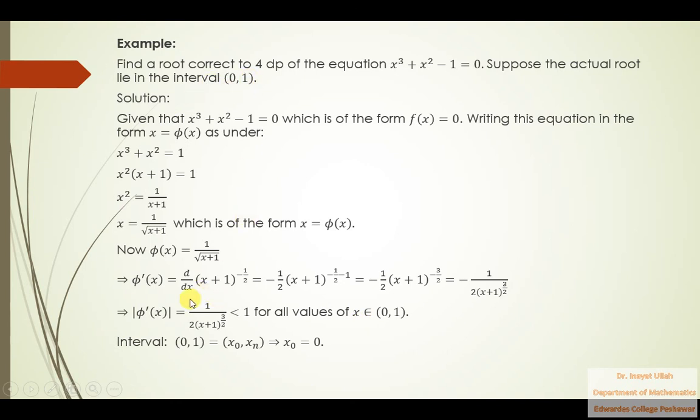So this phi of x fulfills the condition that the derivative of this phi of x is less than 1, and the interval is given to you 0, 1. Compare it with x naught, x_n, so you will get x naught equal to 0. So x naught equals to 0. Now we will write x equal to phi of x in this form.